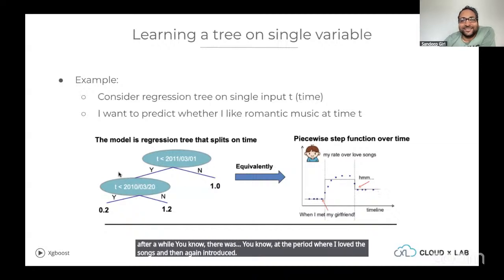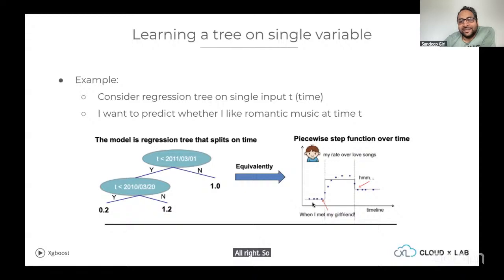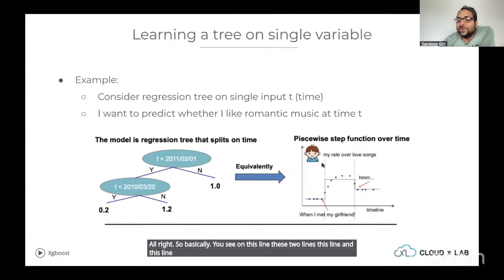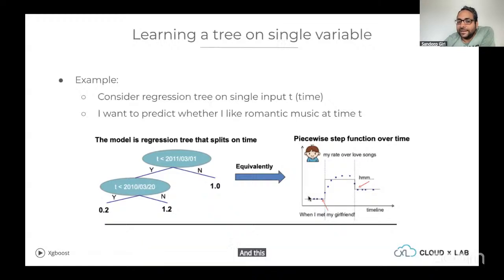So you see these two lines, this line and this line. These two lines are called splits. We split the data based on this line and this line. And then the average value on each side is called the leaves.